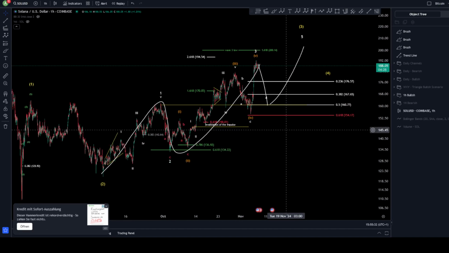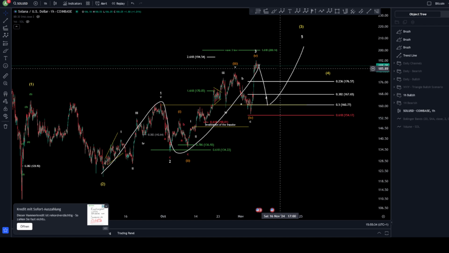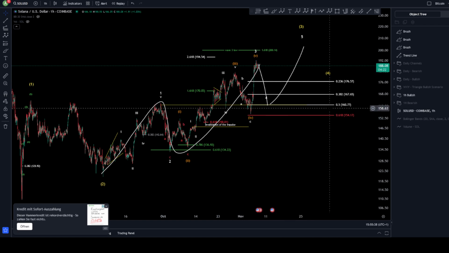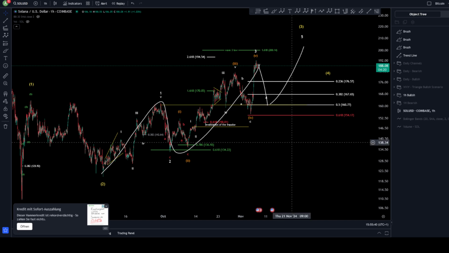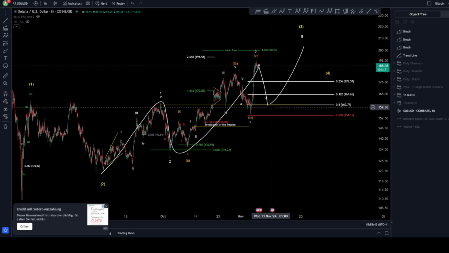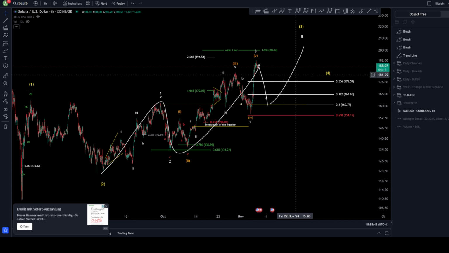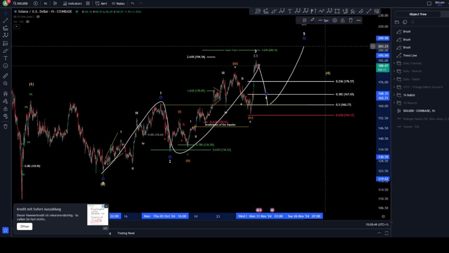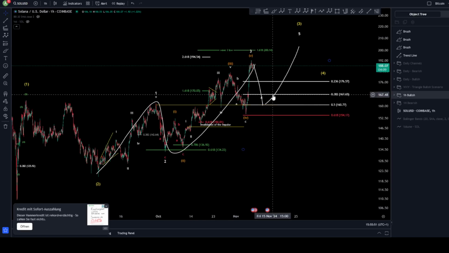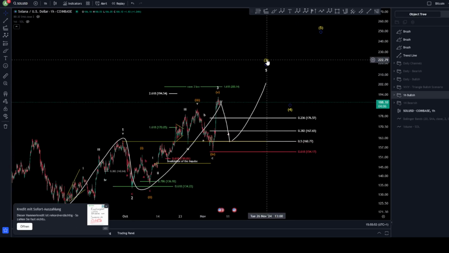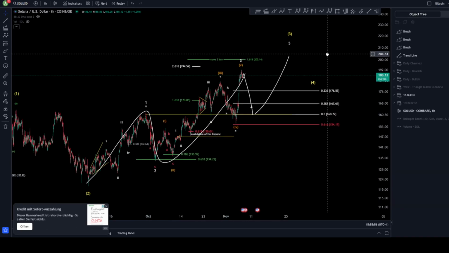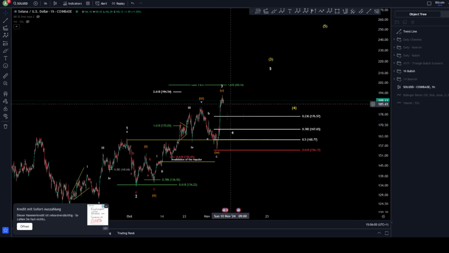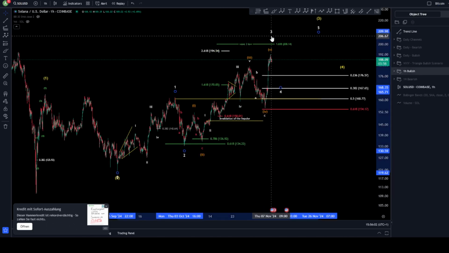So internally, guys, we still have some chance to move higher. No worries. But preferably not to hit the 160 dollars for Solana, because if this turns into a contracting diagonal, your wave 3 in yellow is going to finish in a contracting diagonal, which is not nice at all. Preferably your wave 3 did not finish yet.